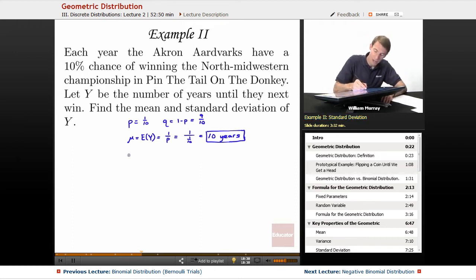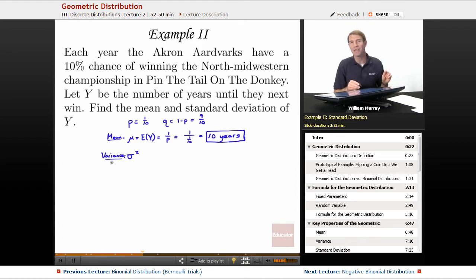The sigma squared is the variance. The first thing we figured out there was the mean. Now we're going to figure out the variance, and that's not what the problem is asking. The problem is actually asking for standard deviation, but the standard deviation is the square root of the variance. So once you figure out the variance, it's very easy to find the standard deviation. You just take the square root. So that's why I find the variance first.